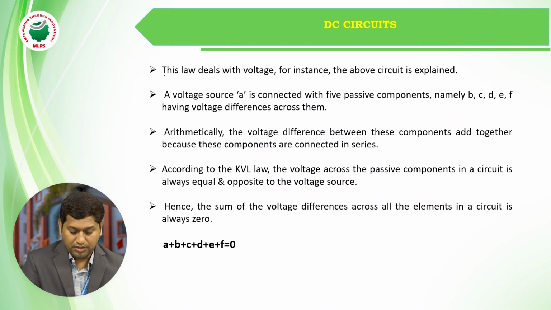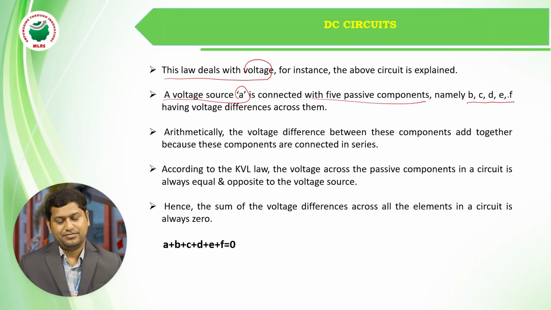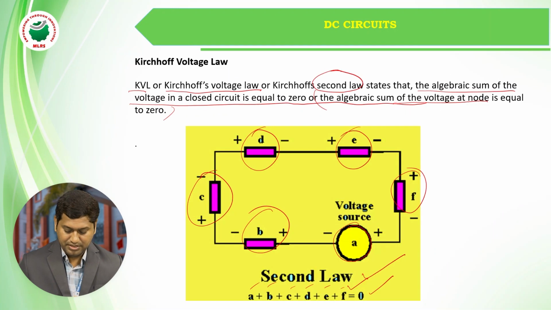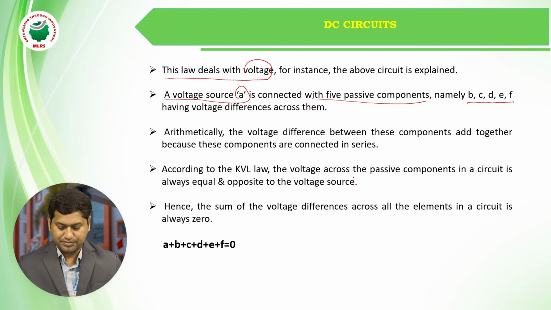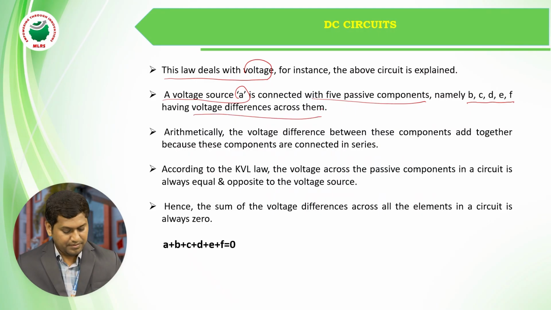This law deals with voltage as we know. A voltage source is connected with 5 passive components, that is B, C, D, E, F. Here, this is a voltage source, and B, C, D, E, F are the passive components having different voltages across them.